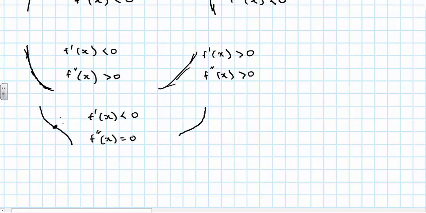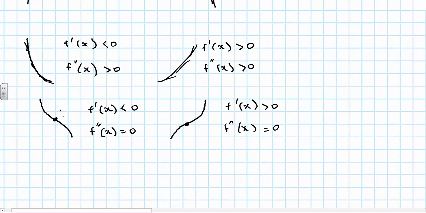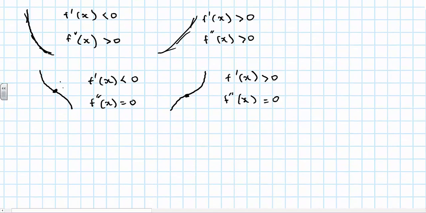Alternatively, we could have a situation where our f dash x is positive and f double dash x is 0. So there are our points of inflection.